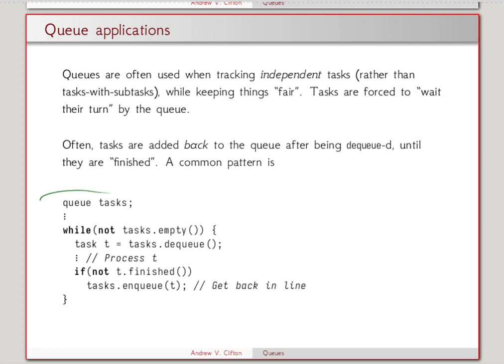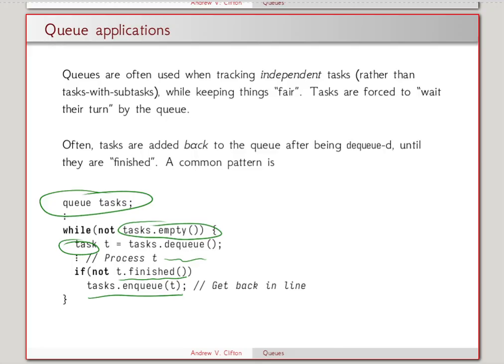If we have a queue tracking some tasks, as long as there are still tasks in the queue, we'll pull a task out and process it, and maybe processing it causes it to be finished. But if it's not finished, we put it back at the back of the line. That keeps everything fair: no task gets more time than any other task, because after you get your turn, you have to go back to the back of the line if you want to go around again.